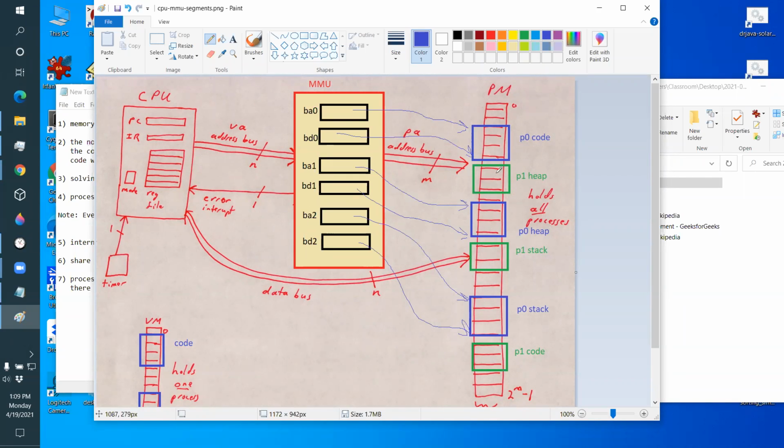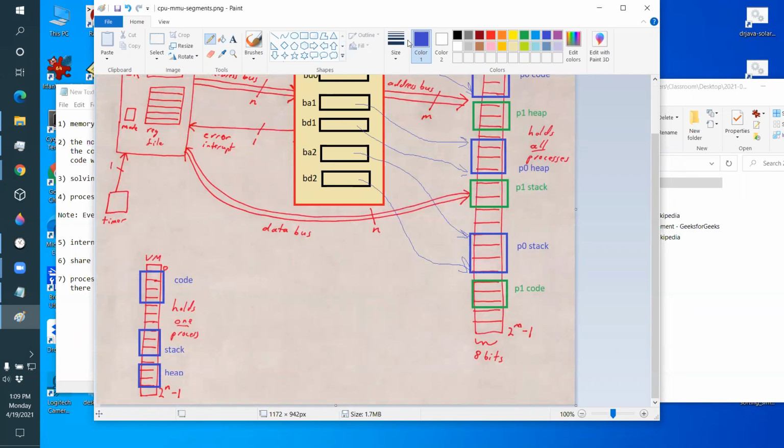Okay. Now, all these registers are now part of the process control block that belongs to each process. So each process has a process control block that goes with it. So there is a process control block down here for process 0.